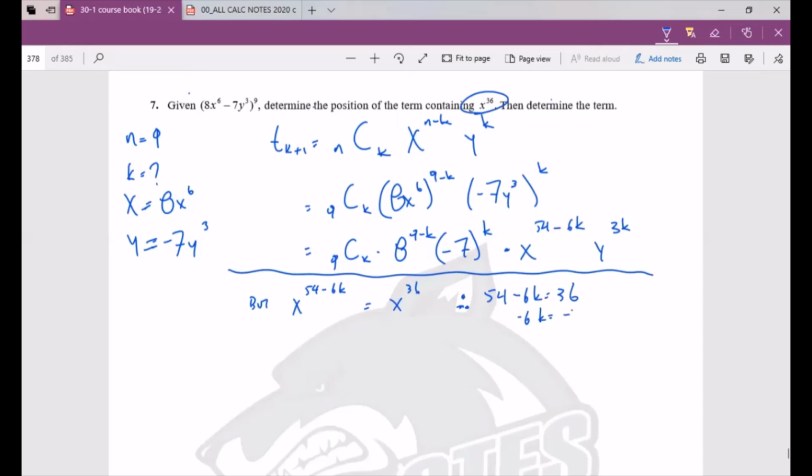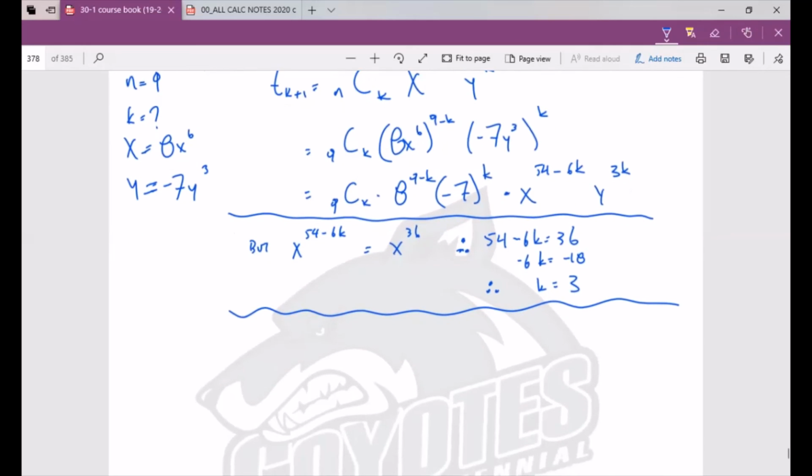Negative 6k is equal to negative 18. Therefore, k is equal to 3. We could also do our side work like this, just clearly marking that it's not part of the same logical thought process as our tk plus 1 line was. Now we know that k is 3, therefore t 3 plus 1 is going to equal 9C3.